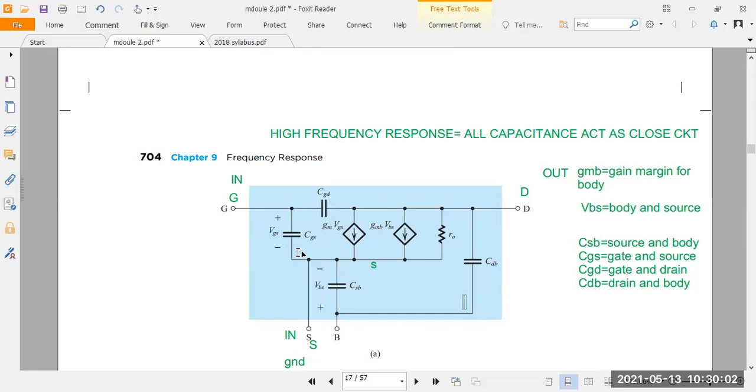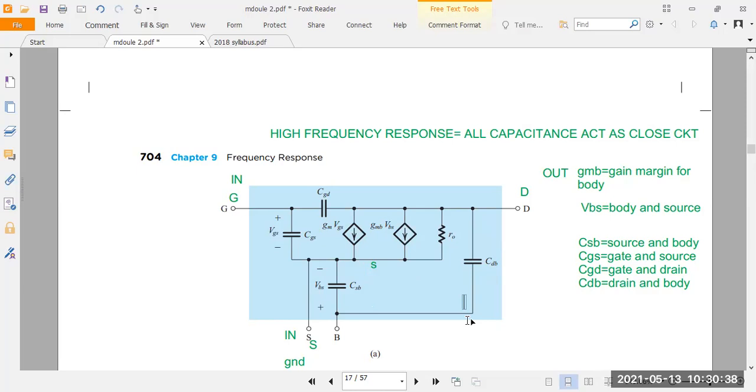Write the equation first: capacitance between the gate to source and gate to drain, because they act as a closed circuit at high frequency response. After that, take one more capacitance between the source to bulk, and one more between the drain and bulk. In total, how many capacitances are there? 4. Which are those? CGS, CGD, CSB, and CDB.